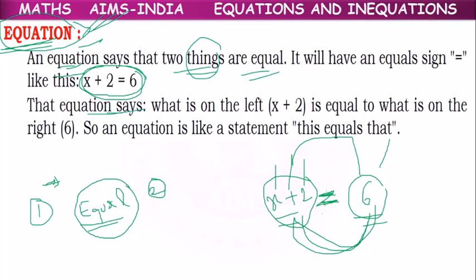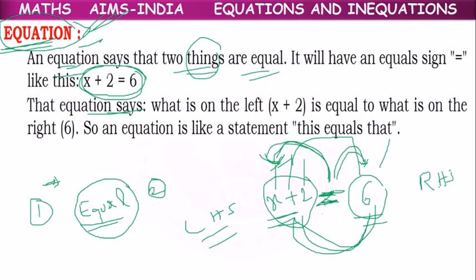So an equation will have two parts, the left part of the equation and the right part of the equation. Whatever expression is situated to the left of the equality sign is known as the left hand side term or LHS, and the term on the right side of the equality sign is the right hand side term, RHS.